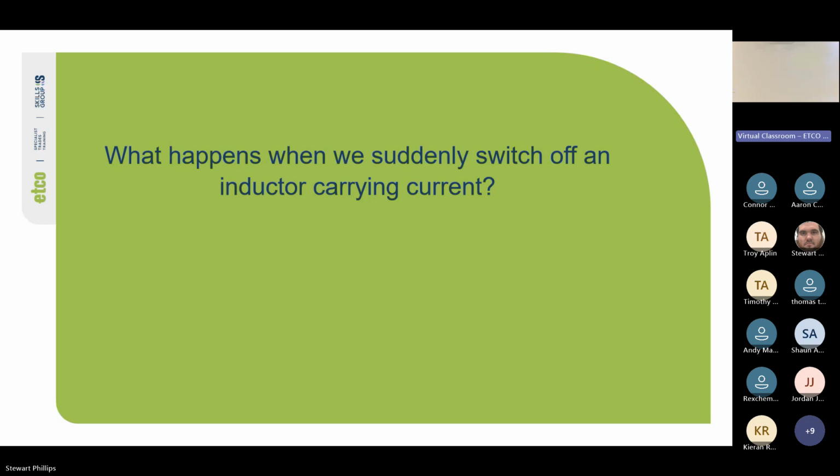So what happens when we suddenly switch off an inductor carrying current? What do you think happens?